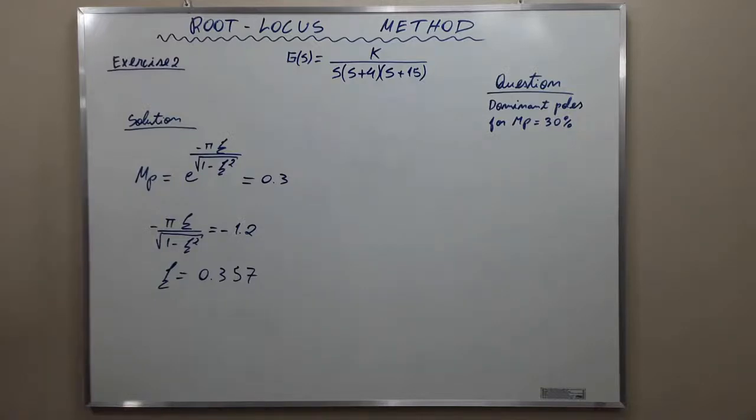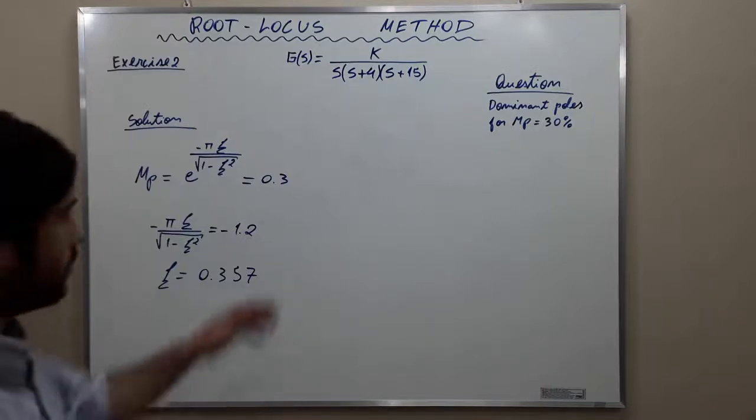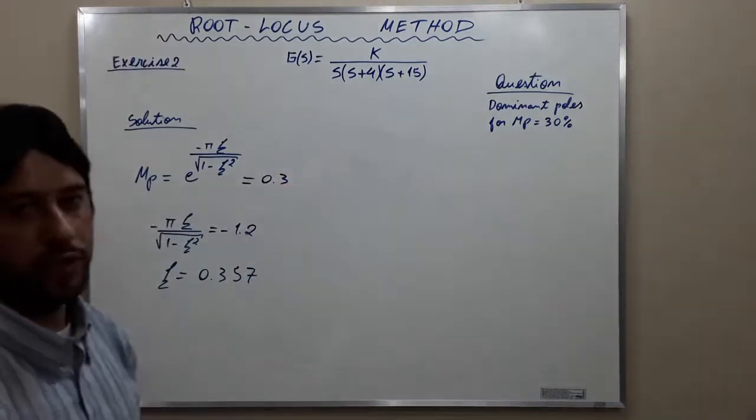And the undamped natural frequency can be calculated using Routh's array. Let's work on the characteristic equation of this system.